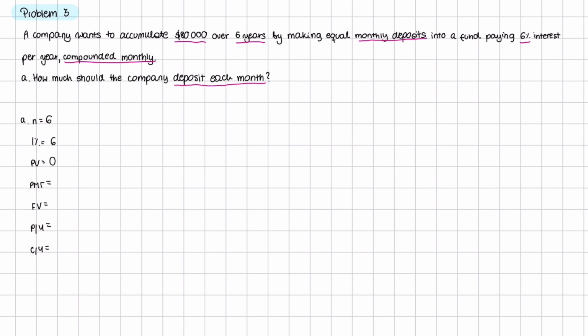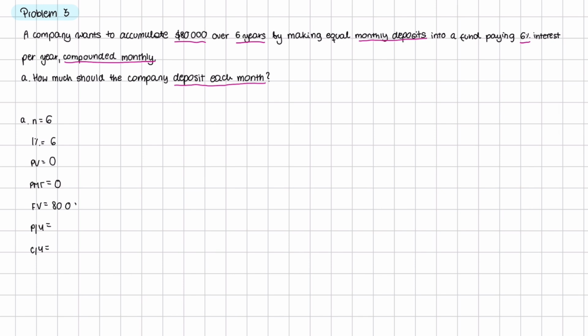PMT, we are looking for it, so we also leave it as 0. Future value is $80,000 because we would like to have it after 6 years. So we're looking for monthly deposits that will give us this amount of money.